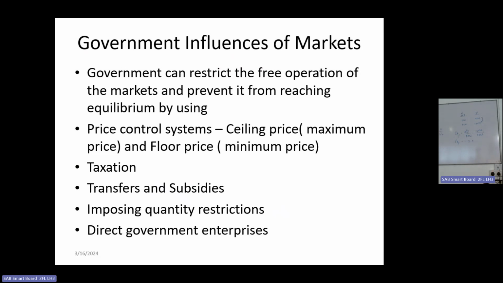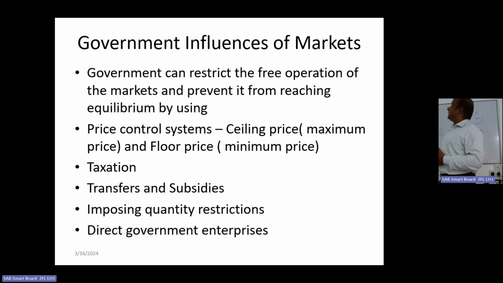Now, the government can restrict the free operation of the market and prevent it from reaching the equilibrium, right?